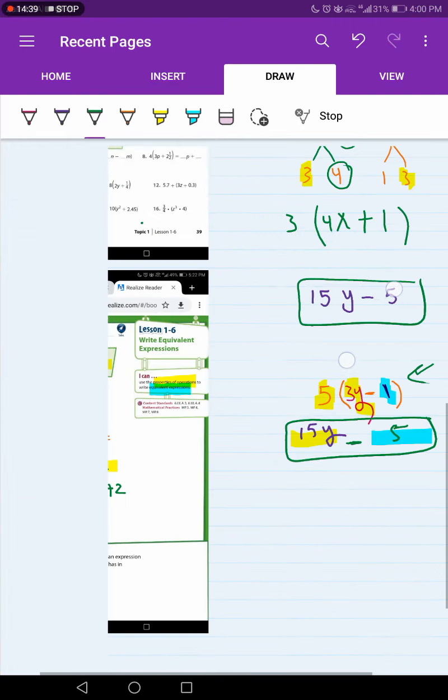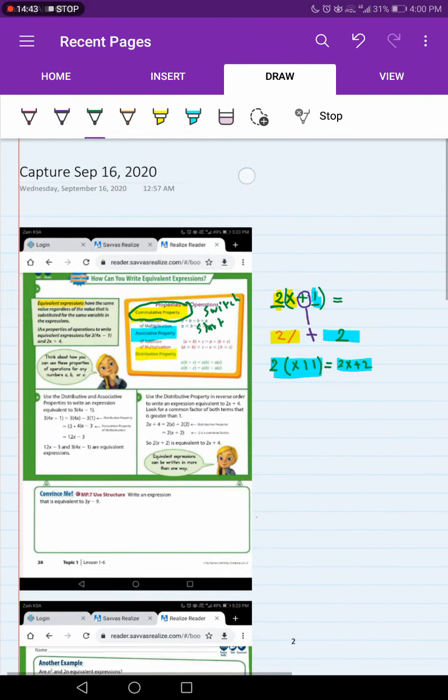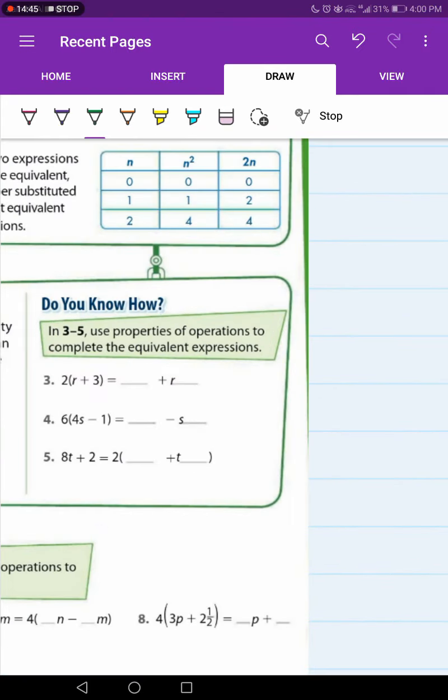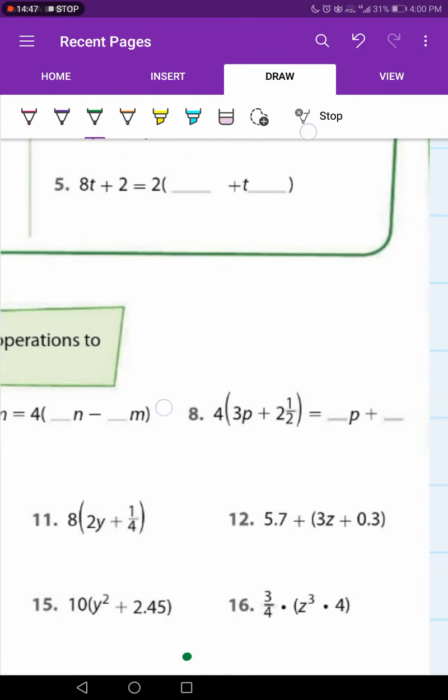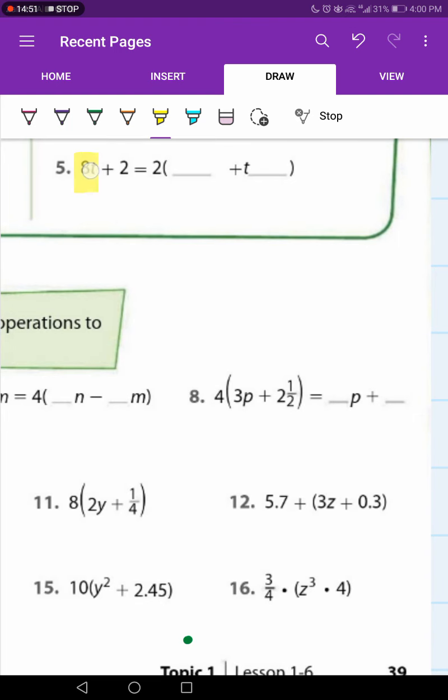Let us take an example here in the book. Number 5. You see, this is the 8t and the 2. You have to know that the 8 comes from 2 multiplied by 4, and here 1 multiplied by 2. So take the 2 as a common.